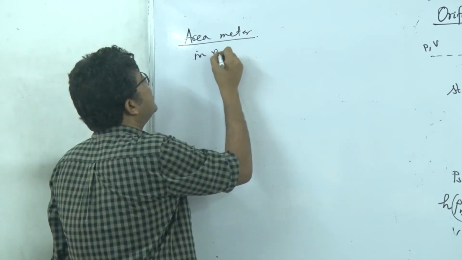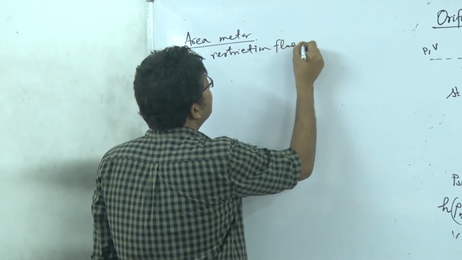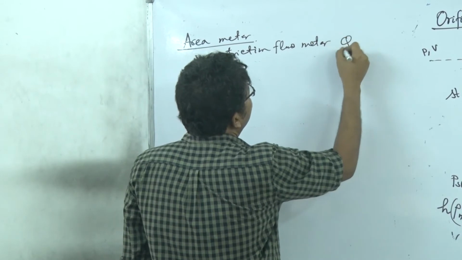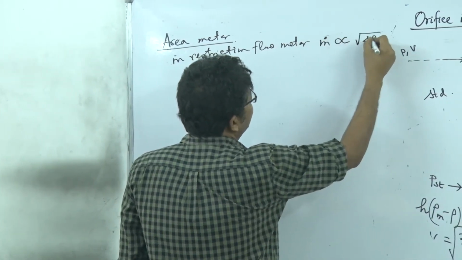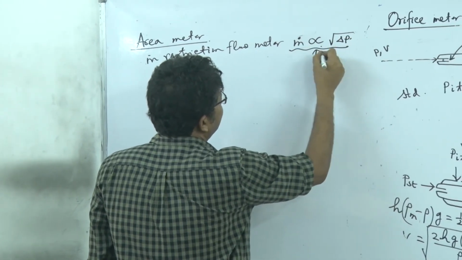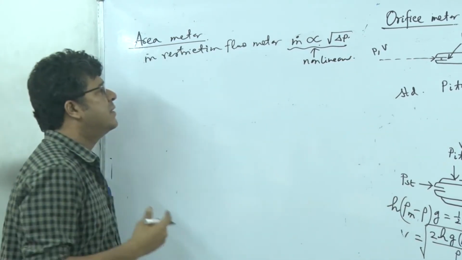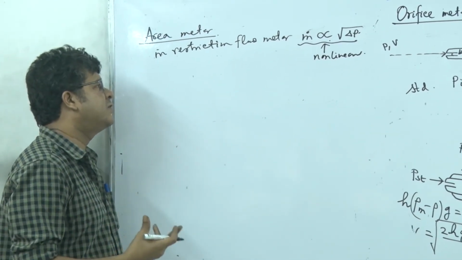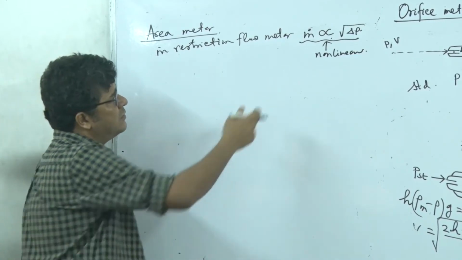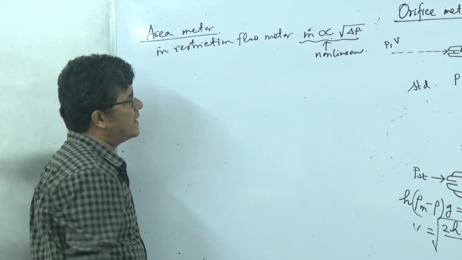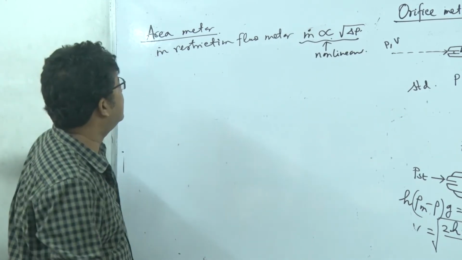See, in restriction meter, we have volume flow rate, or rather the mass flow rate, proportional to the square root of delta P. So this relation is non-linear, right? The variable which you are actually measuring, and from there you are calculating the mass flow rate. So this is the primary variable, this is the target variable. So primary and target variable share a non-linear relation.